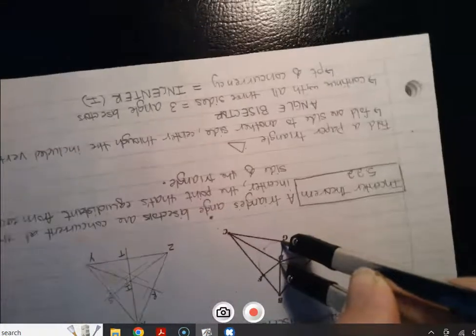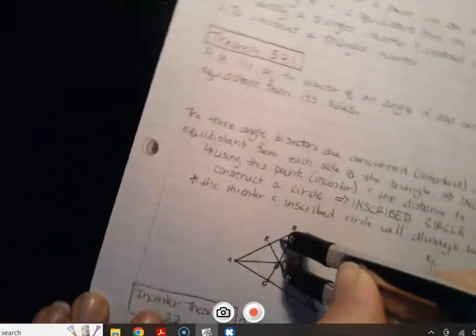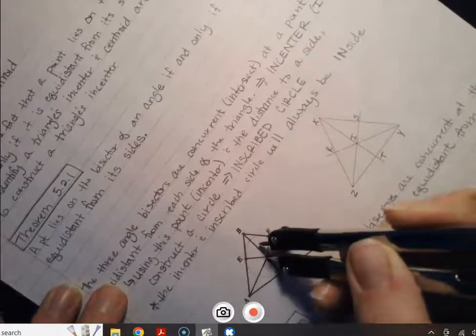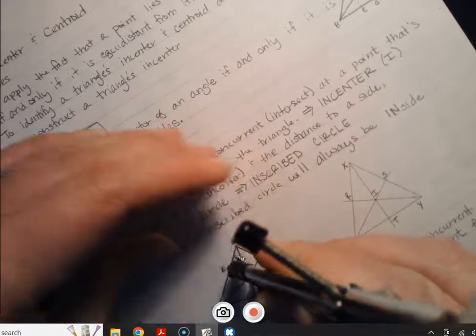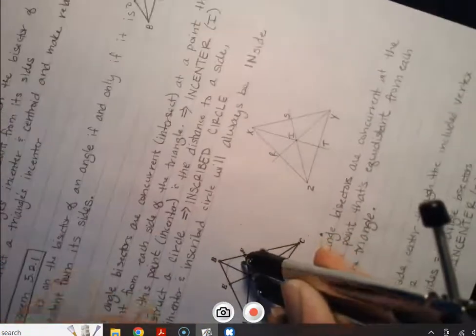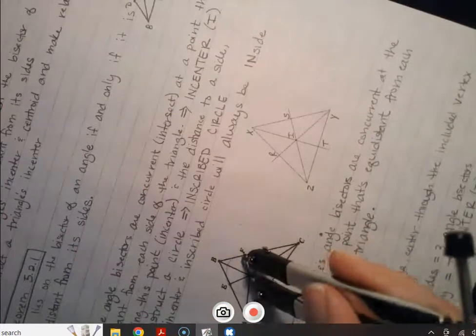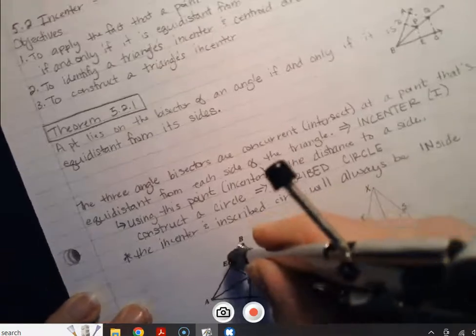If I can get my paper to turn. It gets caught on the wall and the computer and everything else. See, I got off a little bit there. Let me try again. Somehow I totally messed it up. Okay, so let me go back here.